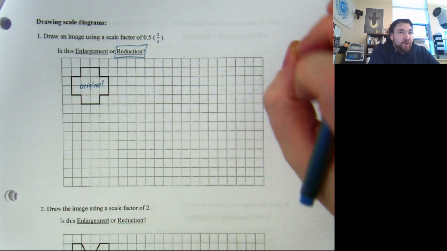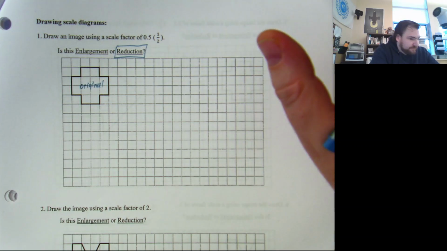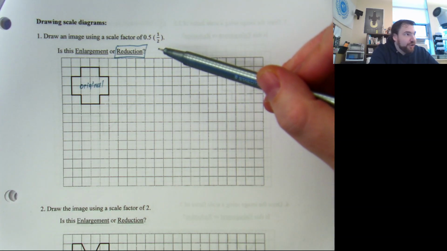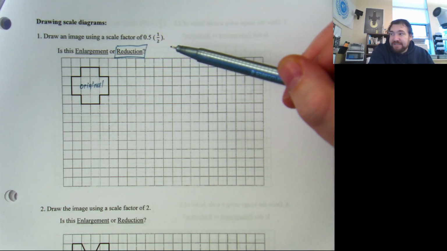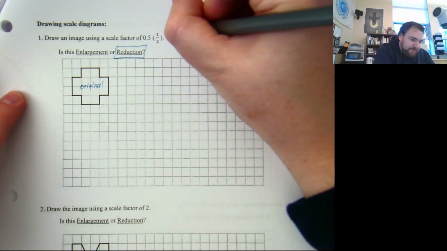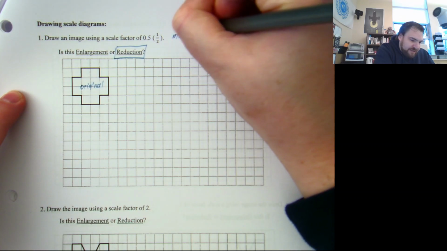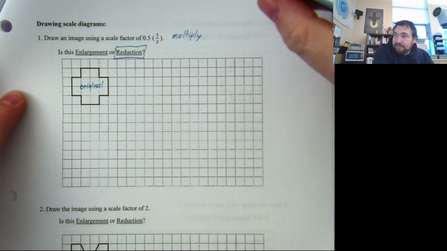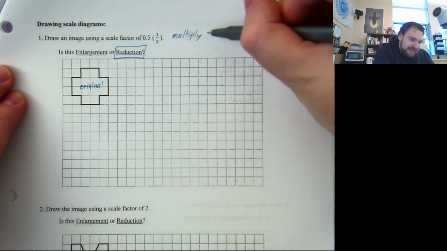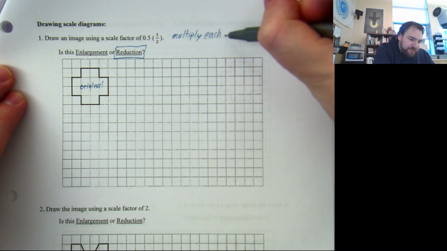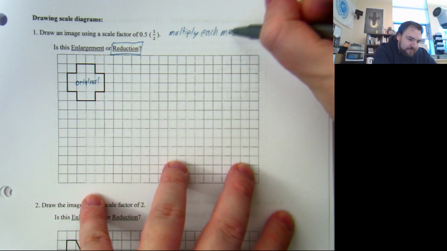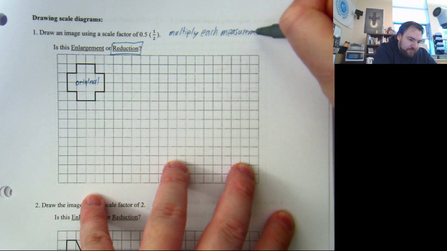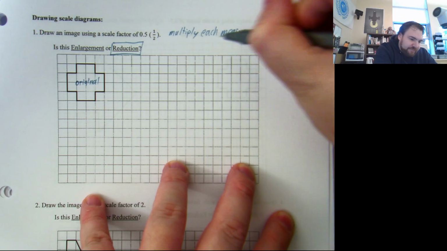And in order to draw or build a scale enlargement or reduction, what you need to do is multiply each measurement by the scale factor.